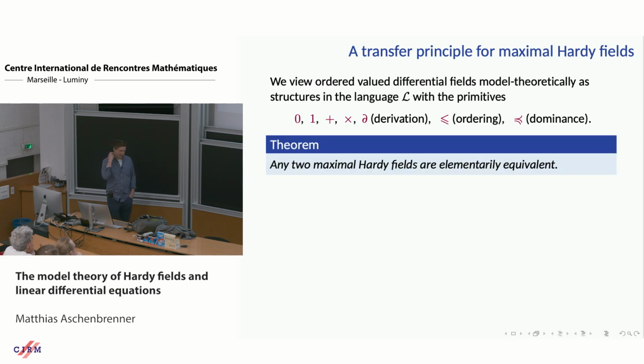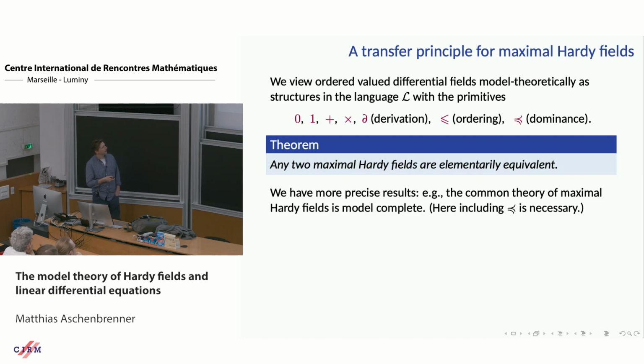And the theorem then is that any two maximal Hardy fields are actually elementarily equivalent in this language, so they're indistinguishable from the point of view of first order logic. The way that we prove this is as a consequence of more precise results.